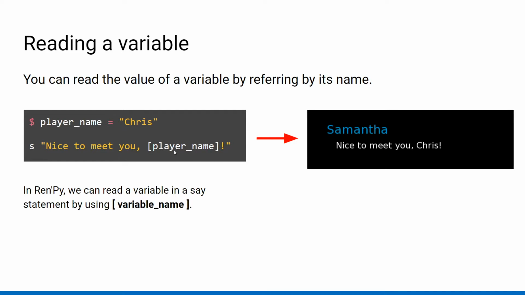What that does is it takes the value of the variable and plugs it into wherever those square brackets are. As you can see here, the player name is Chris, and then in our dialog it says nice to meet you, and then it has that variable player name. So when RenPy runs the game, it's going to fill in that variable with the value Chris.